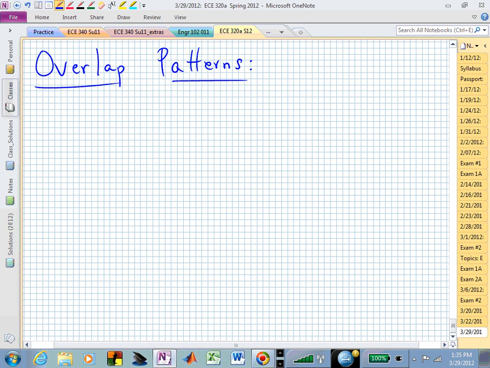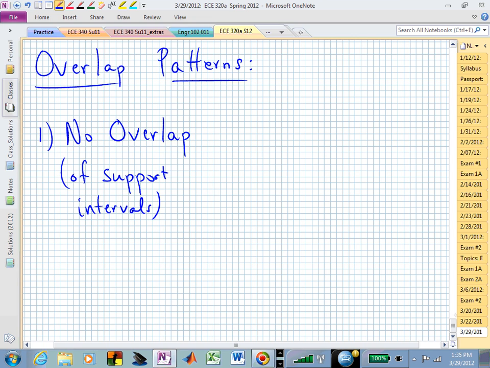The first pattern is actually the pattern of no overlap between our two waveforms, x of t minus lambda and h of lambda. And here I mean no overlap of the support intervals. And by support intervals, this gets students confused.